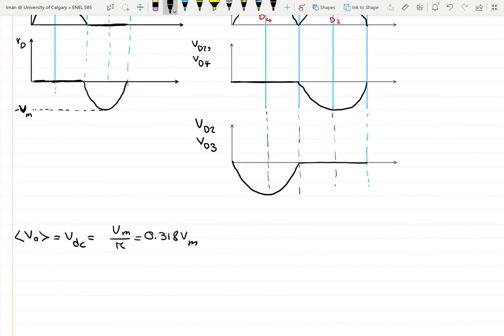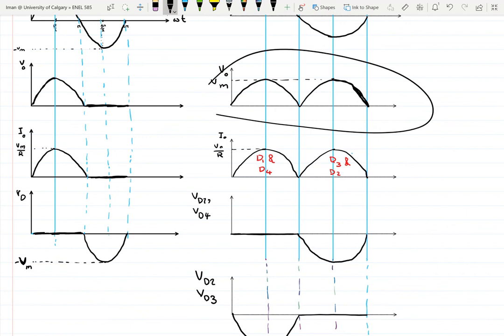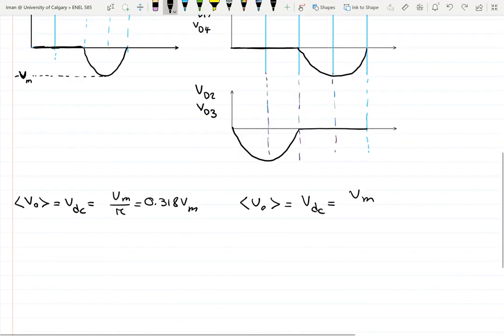The DC voltage for the full wave, where we are taking an average over this, would be 2 Vm divided by pi, which is 0.636 Vm.